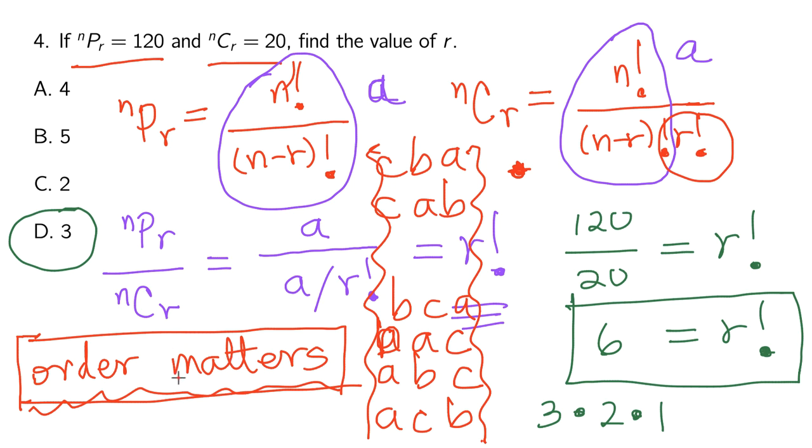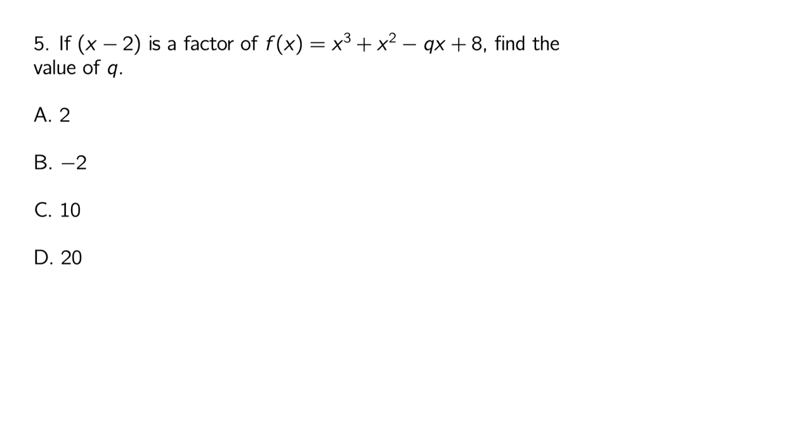The next question is question 5, which says if x minus 2 is a factor of f of x equals x cubed plus x squared minus qx plus 8, find the value of q. So here we can use the factor theorem that says that if x minus 2 is a factor, then f of 2 should be equal to 0. So now let's find f of 2.